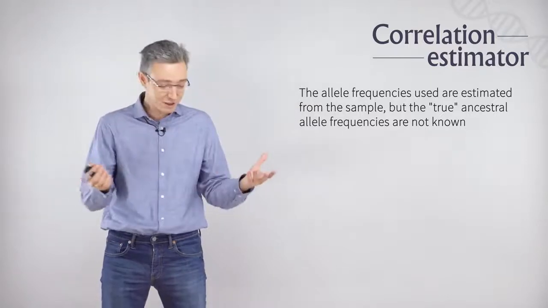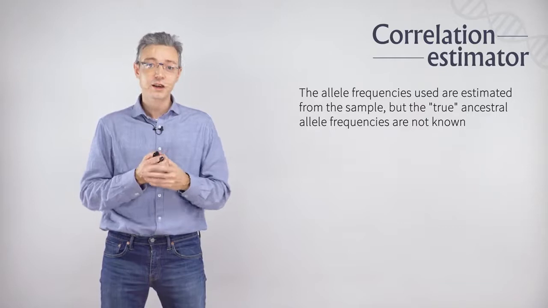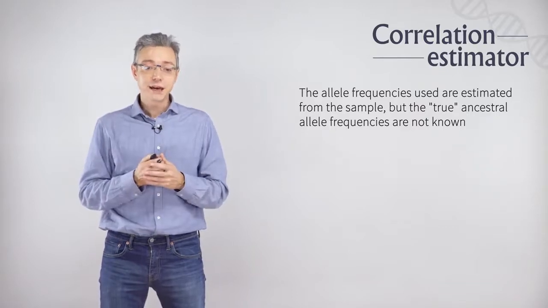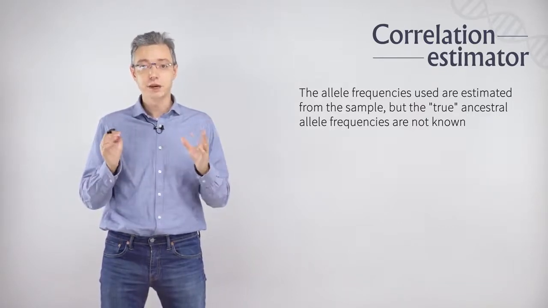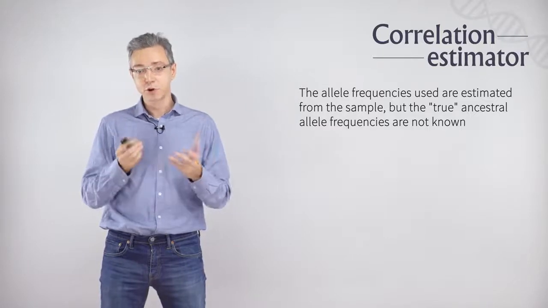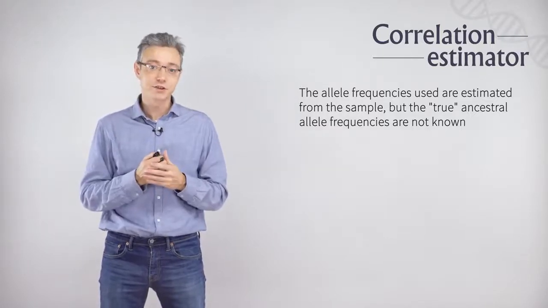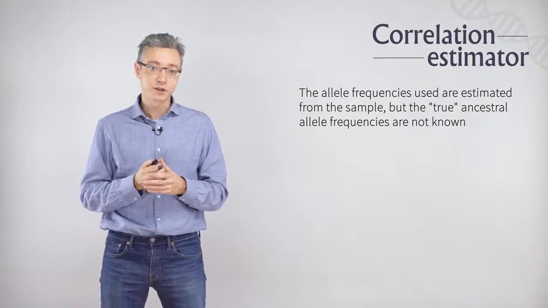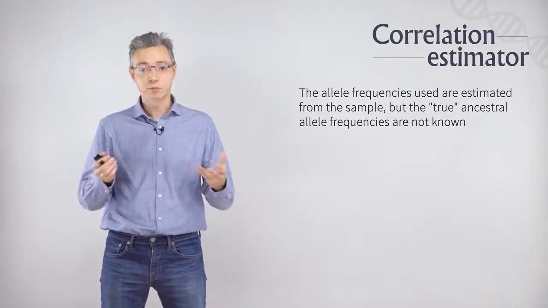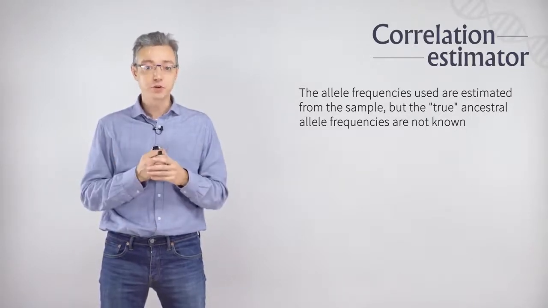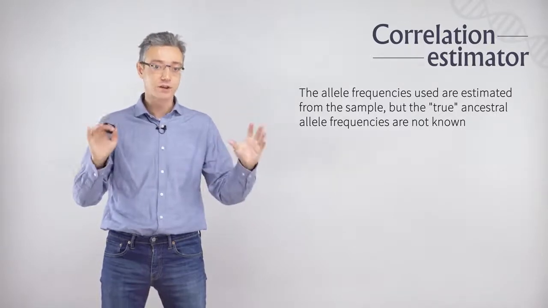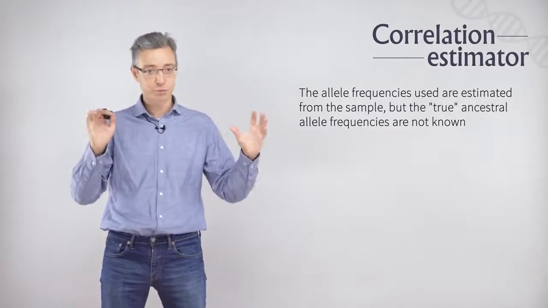You observe only the individuals, the samples you're working with. So these estimates may be biased, but for most practical applications, using the allelic frequencies directly from your sample works pretty well, as long as you're working within one distinct genetic population.